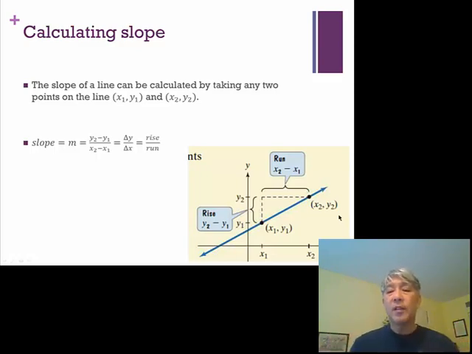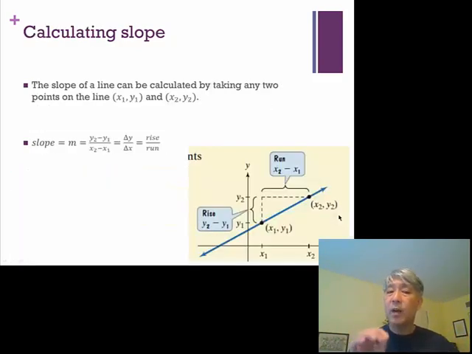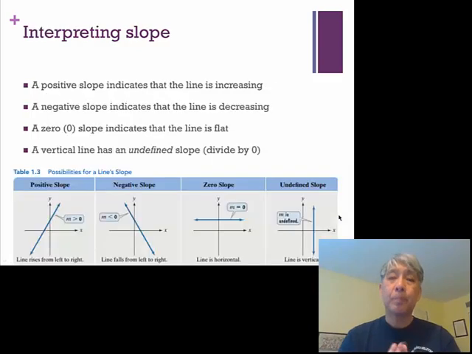Okay, hopefully this isn't new to anybody, but it also doesn't matter what order your points are in, okay? Any 2 points, okay? It doesn't matter which one is point 2 and which one is point 1. If I flip this and make it y1 minus y2 divided by x1 minus x2, okay, I still end up with the same m, okay? Because both signs on the top change, okay?